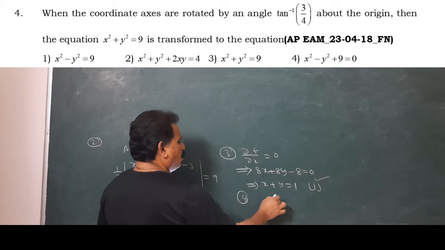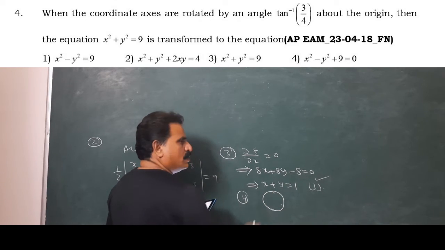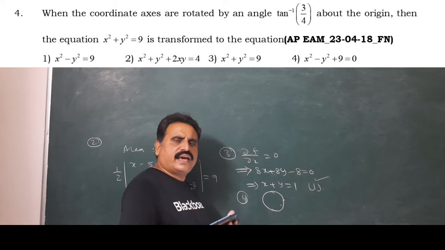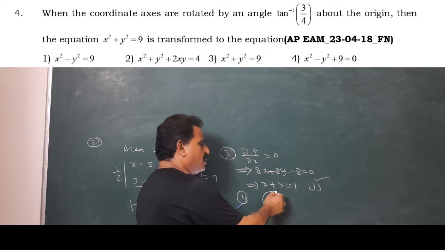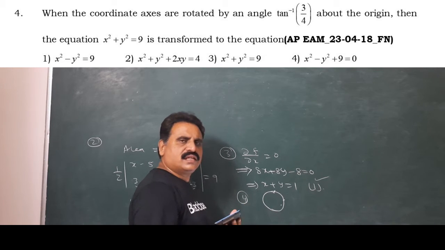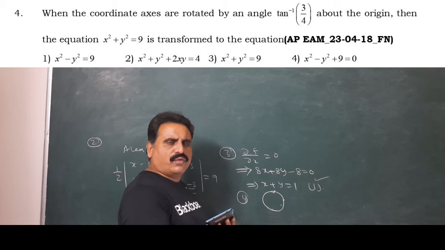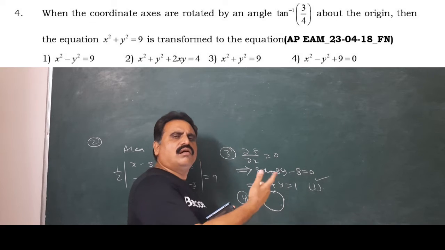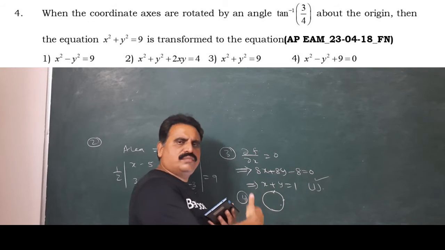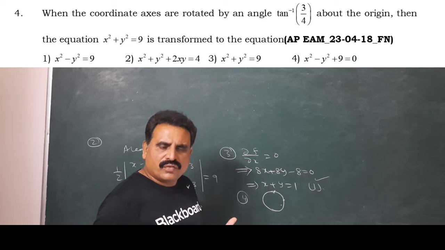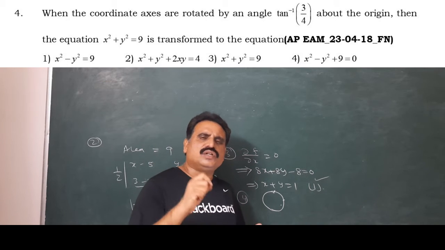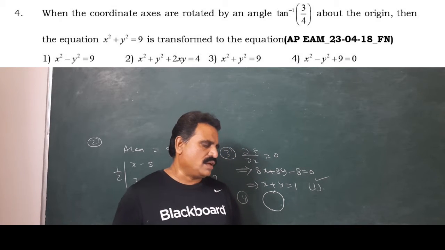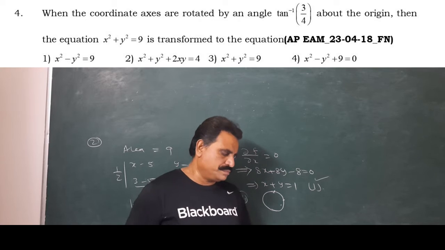Whenever the axes are rotated, the point shifts, forward or backward, generally forward. So the points lie on the same circle. All these points again form the same circle, so there is no change in the equation. The transformed equation is nothing but the same equation, x square plus y square equal to 9. That is the third option.